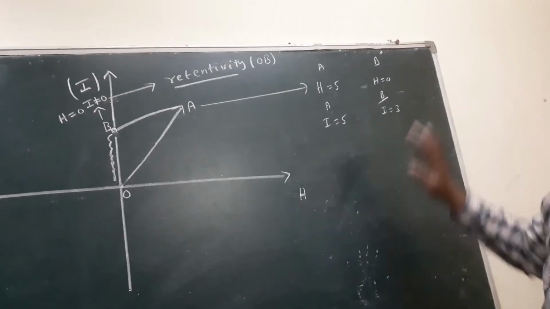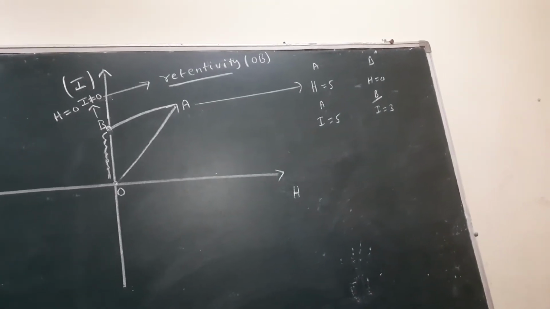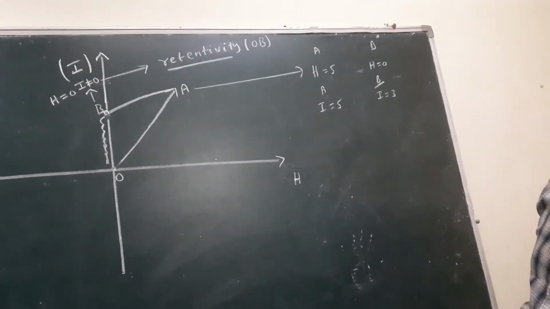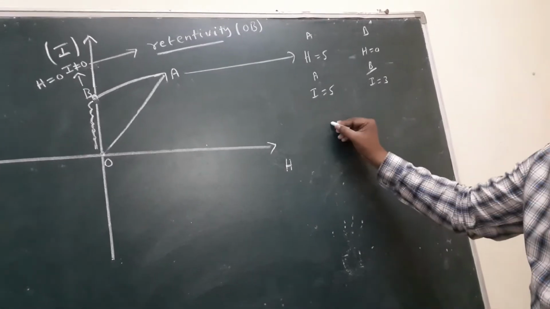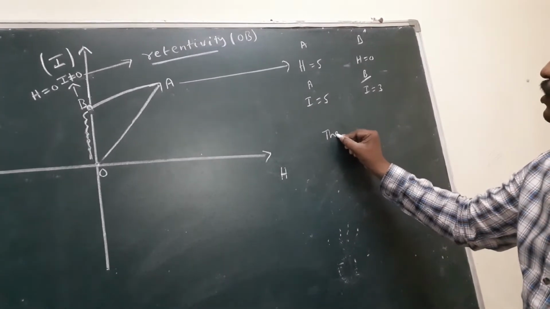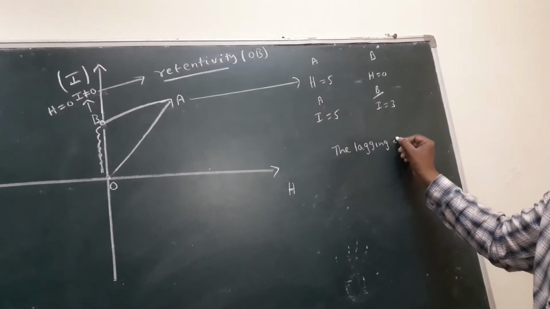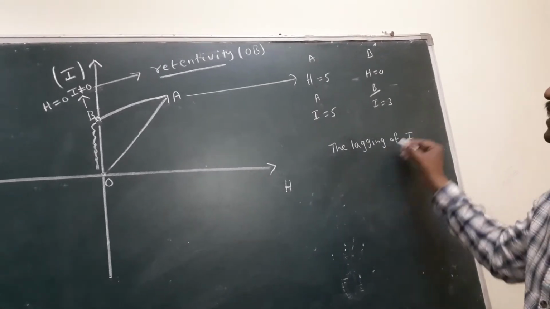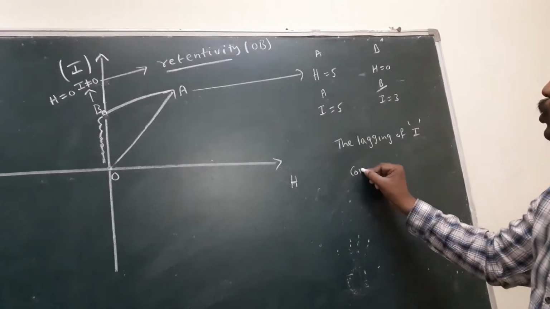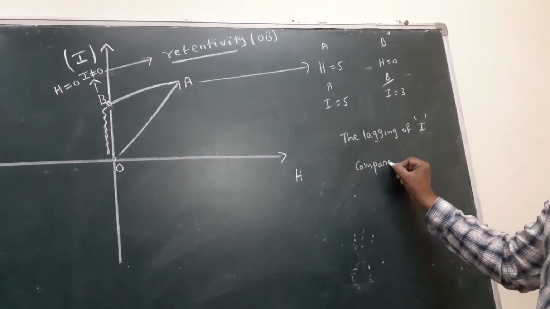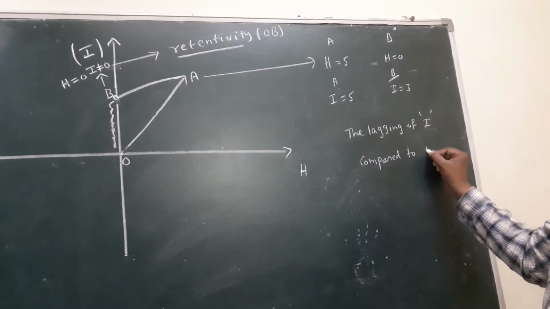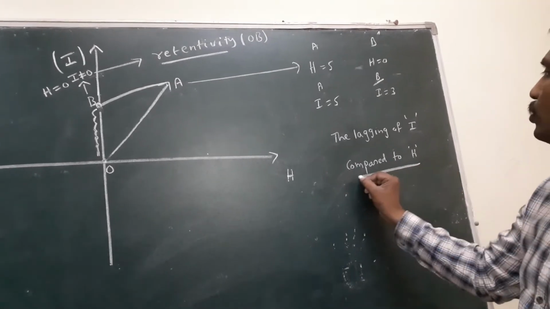Here which decreases less? I decreases less. Which decreases more? H decreases more. So here which one is lagging? I. The lagging of I compared to H.